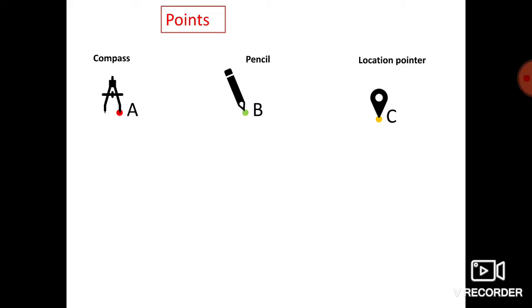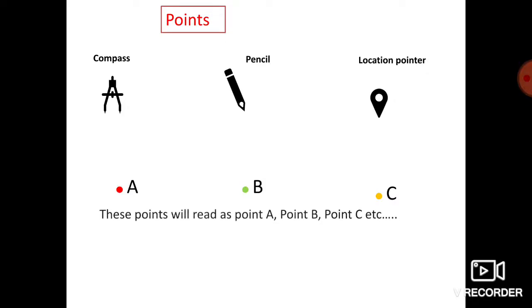You know so many models for indicating points. We here just discuss only three models. Point A, point B, point C. These are the 3 points.